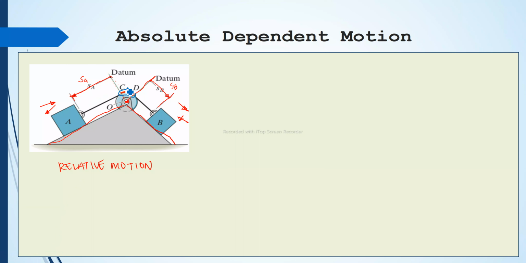In this type of problem, there is a dependency that occurs between two particles.